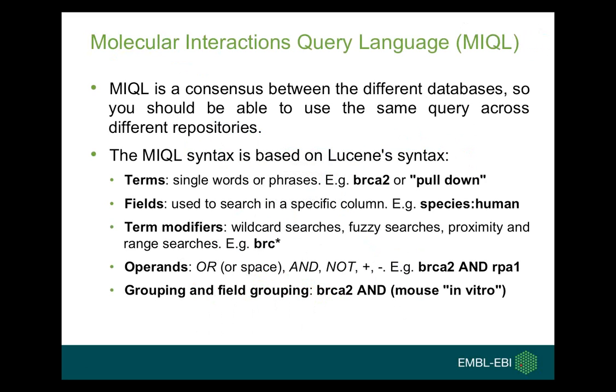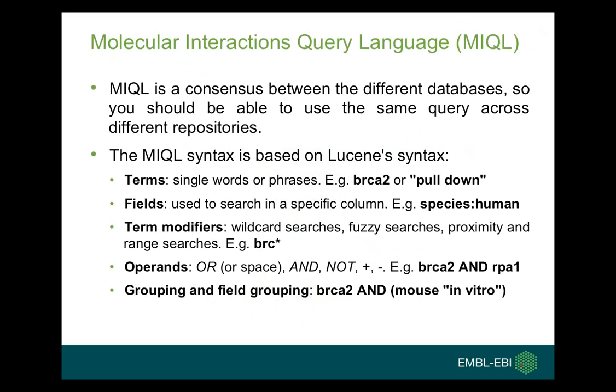Those are single words or phrases. If it's a phrase, it has to be quoted. If not, it will be counted as an operand, but we will see that later. For example, we have BRCA2 or "pull down" quoted to ask for that explicitly. We have as well what are called fields, used to search in a specific column.